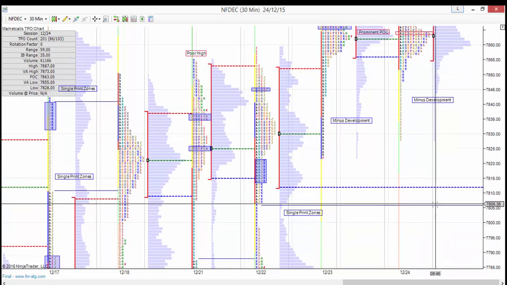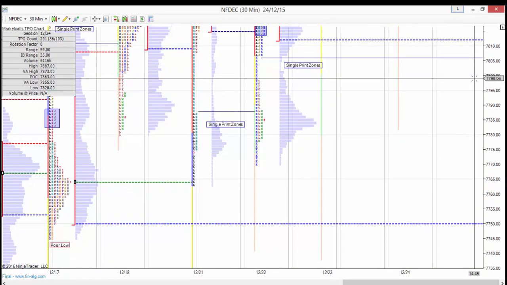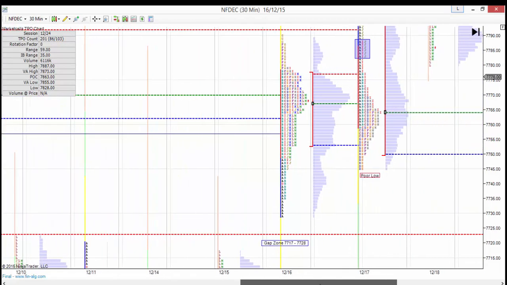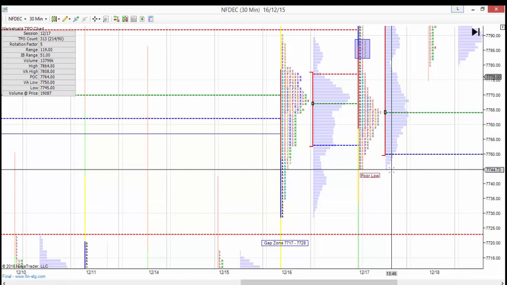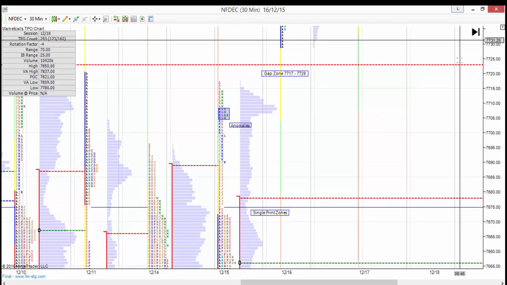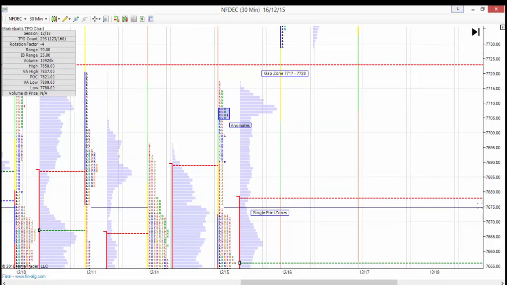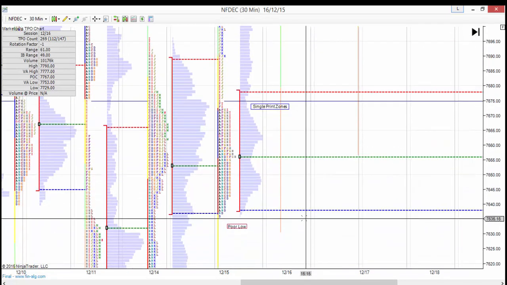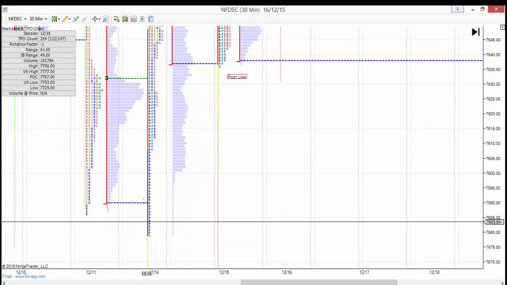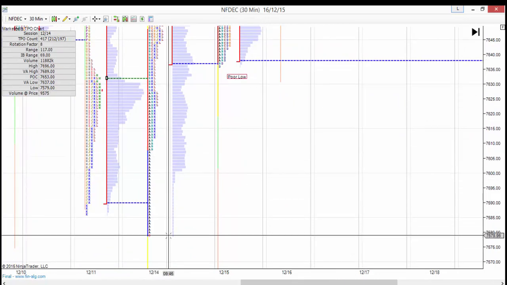We have a single print zone coming around 7805, and the next reference level is the gap zone 7717 to 7728, and we are also having a poor low at 7744, and we are having yet another interesting single print zone at 7675, and a poor low at 7636, and a minus development zone, this complete picture, 7582 to 7607, right?